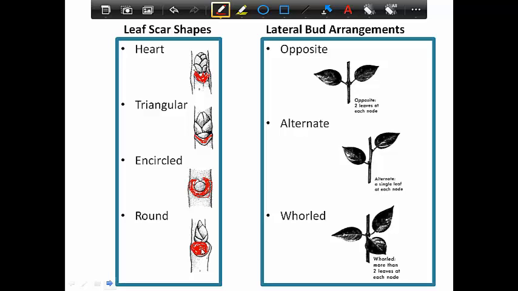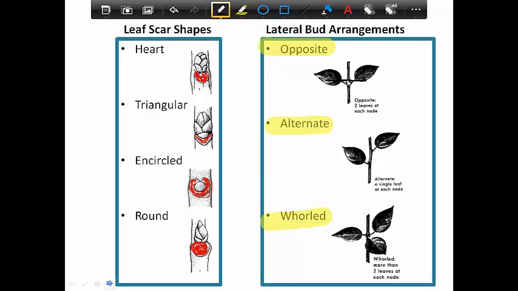Now the lateral bud arrangements should sound familiar to you because we talked about these when we talked about leaf arrangements. Obviously buds turn into leaves, so bud arrangements are going to be the same as our leaf arrangements. We've got opposite, alternate, and whorled. Remember, opposite are directly across from each other.